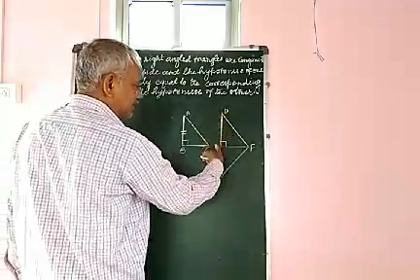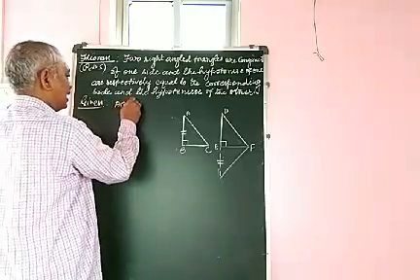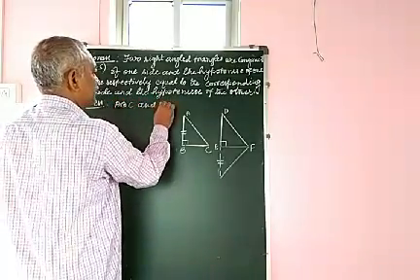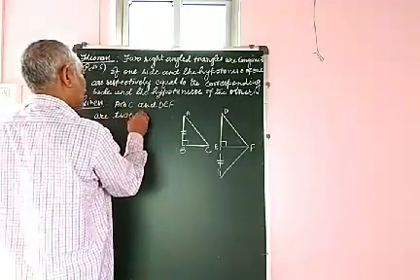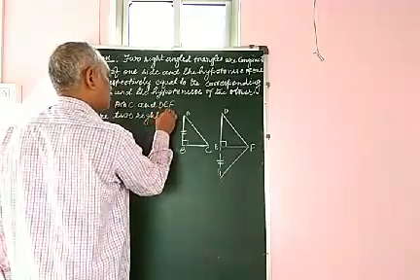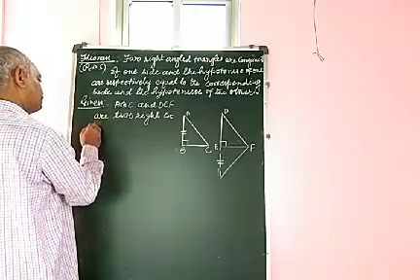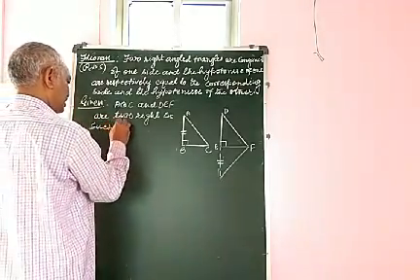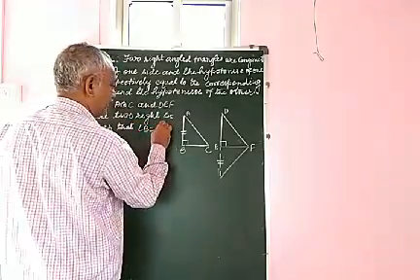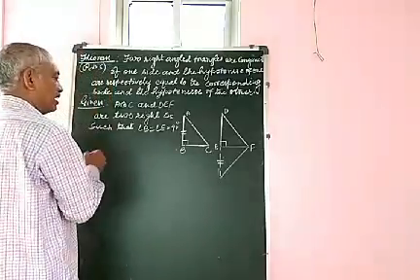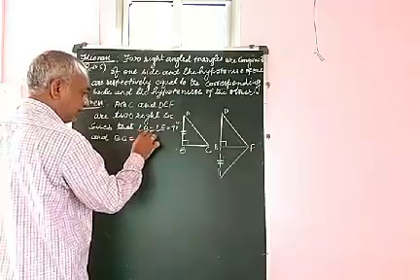Given: ABC and DEF are two right triangles, right angled at B and E, such that angle B is equal to angle E is equal to 90 degrees, and BC is equal to EF, one side.